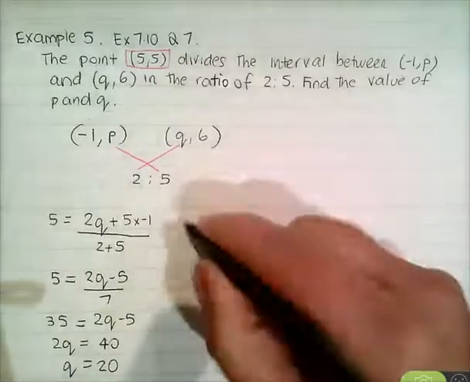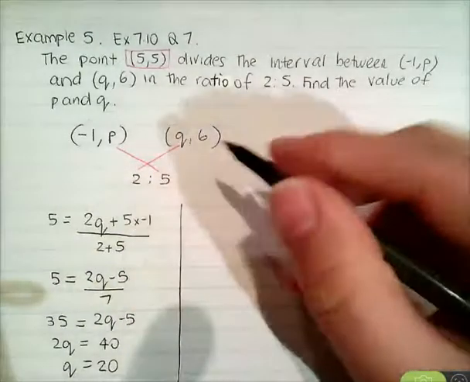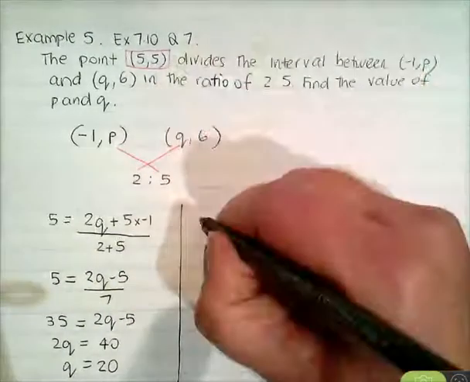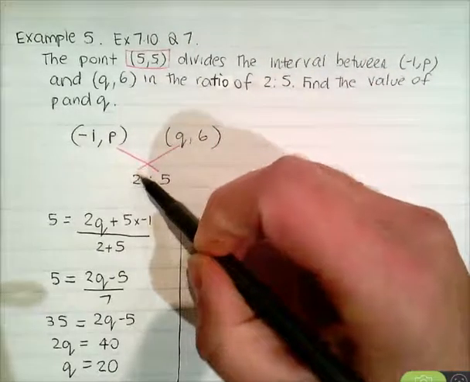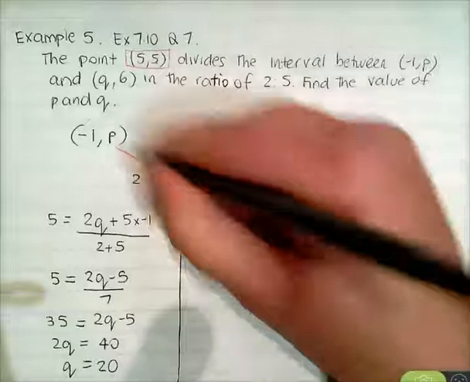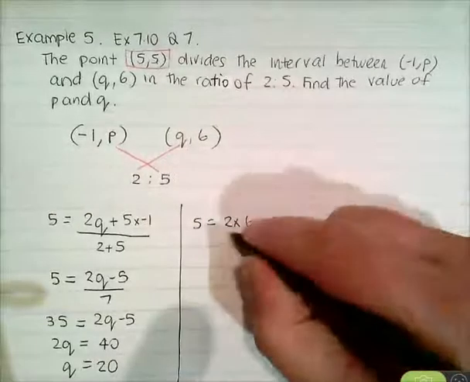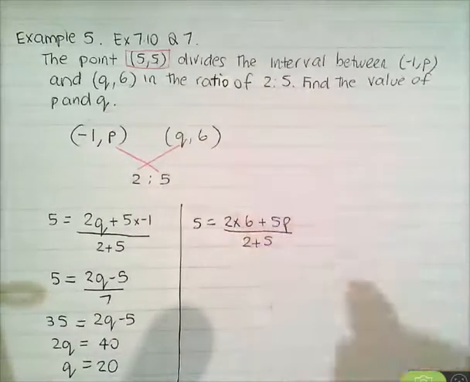And then I have to work out my other value. So remember, we've just set up our equation in x. And now for our y value, here is 5. And we start here from the left again, and we do 2 times this y value, which is 2 times 6, plus 5 times that y value, which is 5 times p, over adding the 2 and the 5 together, which is 7.